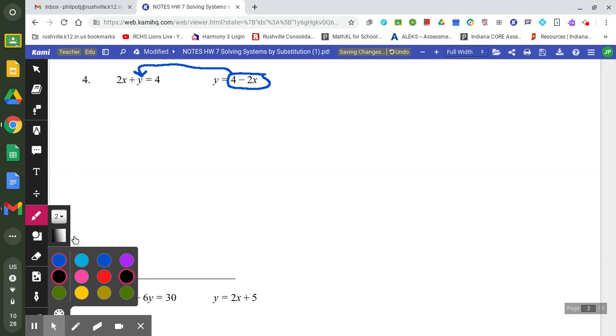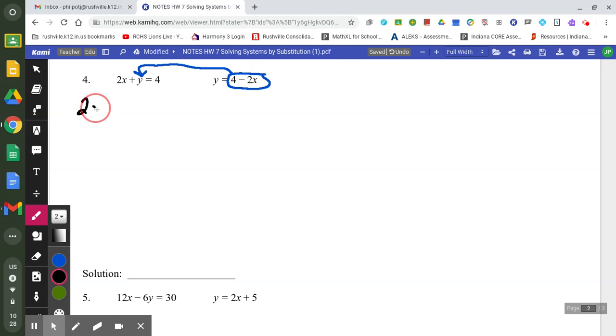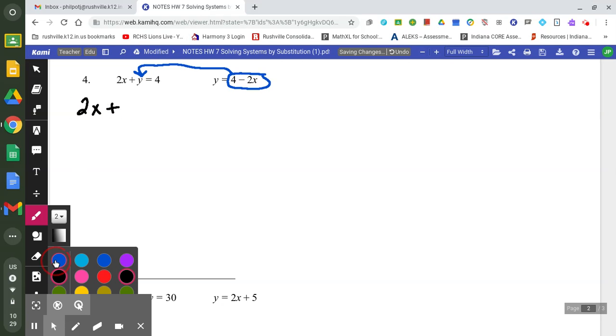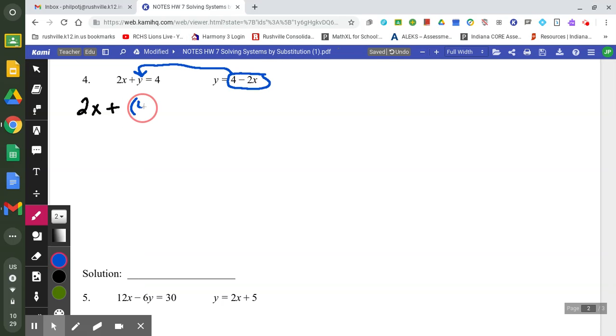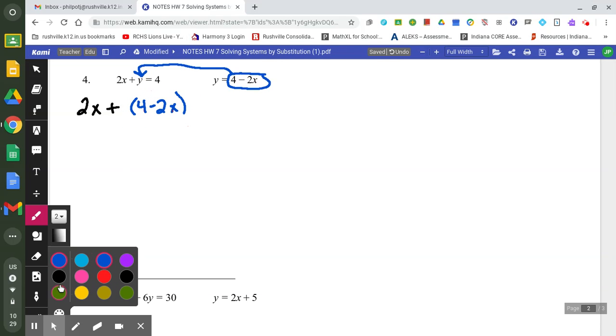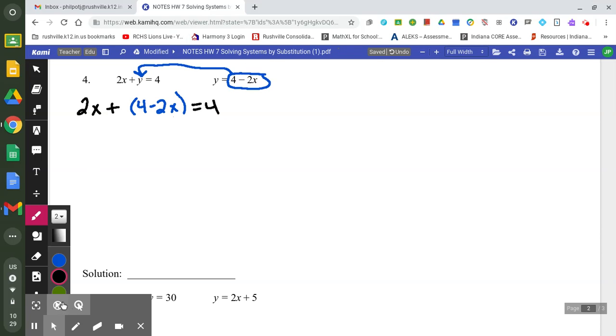So this equation will now be 2x plus, and then my parentheses, 4 minus 2x equals 4. So then I'm going to simplify this.